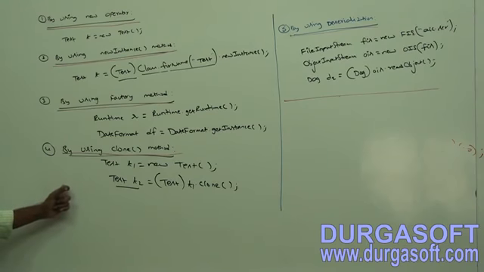Clear for all of you, right? In how many ways can we create an object in Java? Make sure you people have clear clarity.